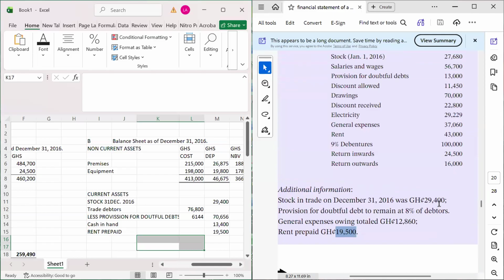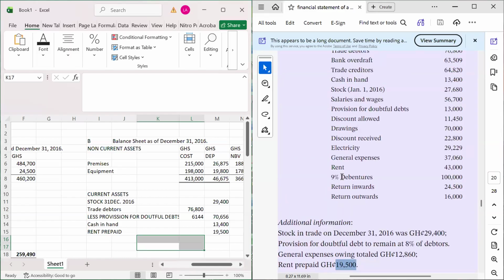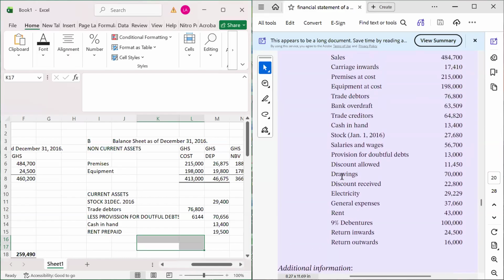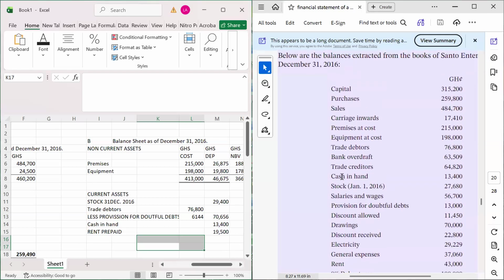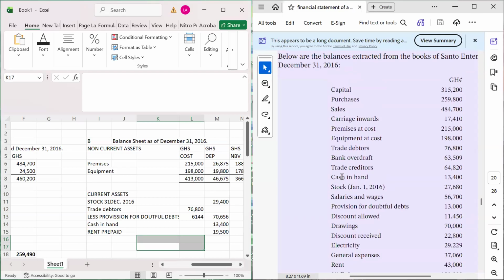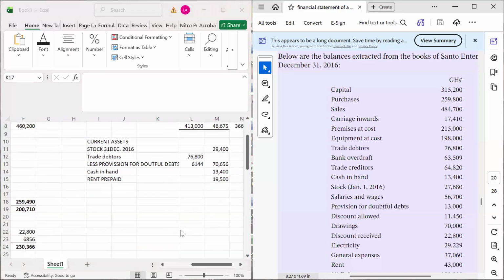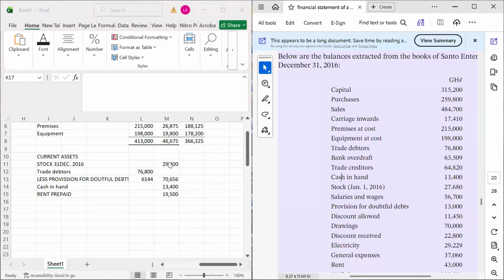Any other thing? I think we have exhausted the current assets. There's nothing here again for current assets. We dealt with stock. Finished. So no more current assets. So you can add them.